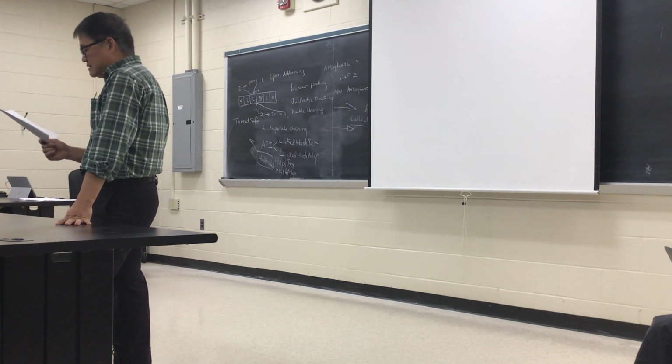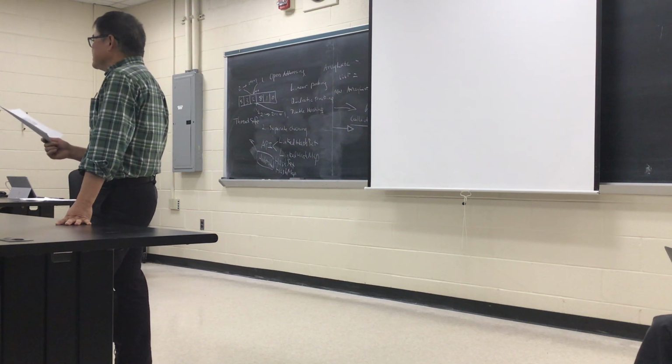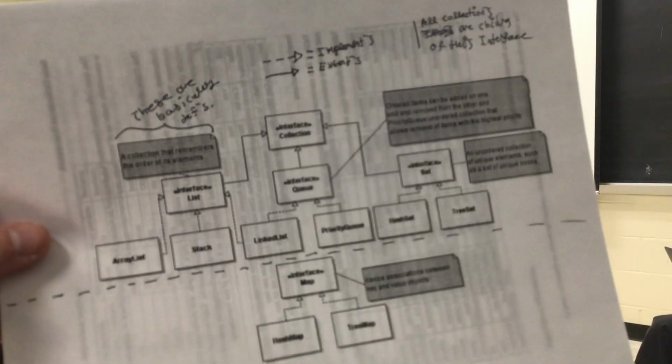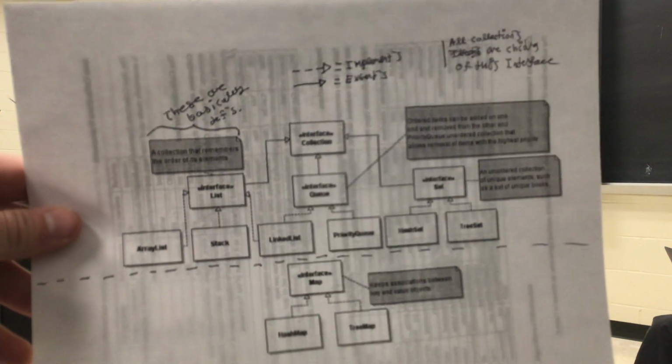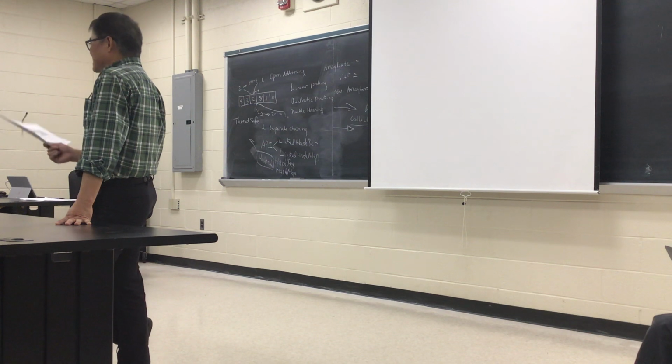And then linked list also has a line to the right pointing to the queue interface. You see that? So that tells you that linked list is a list type and also a queue type. And then of course, it's also a collection type.